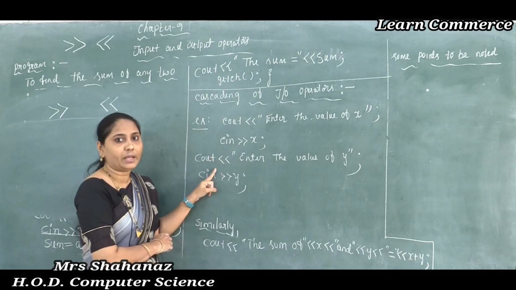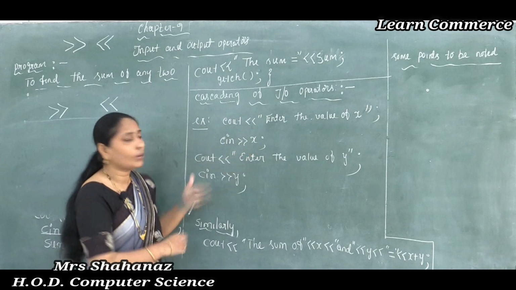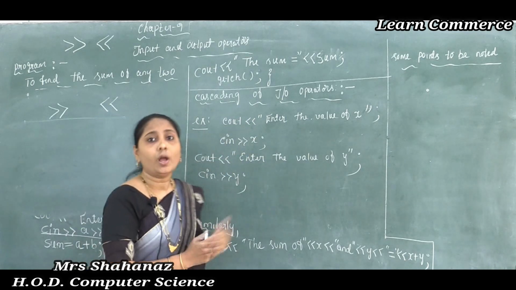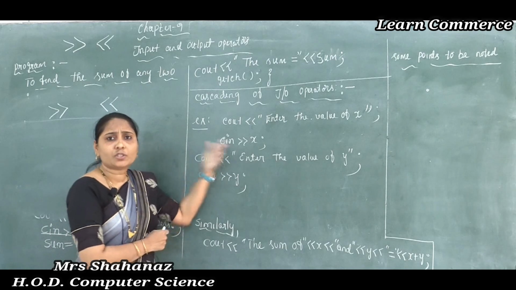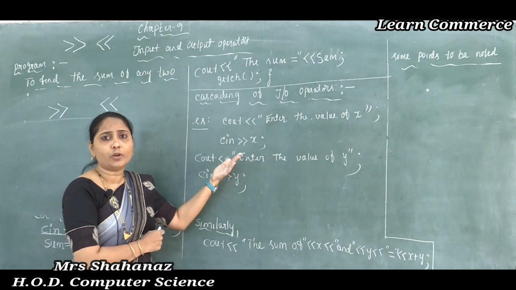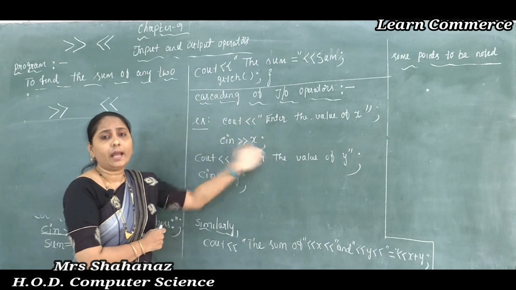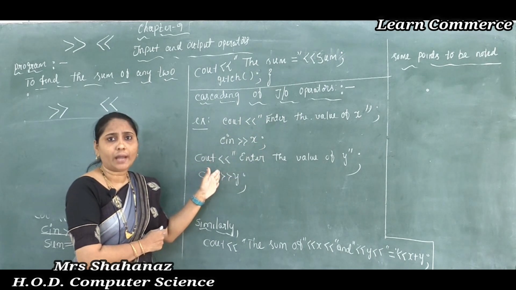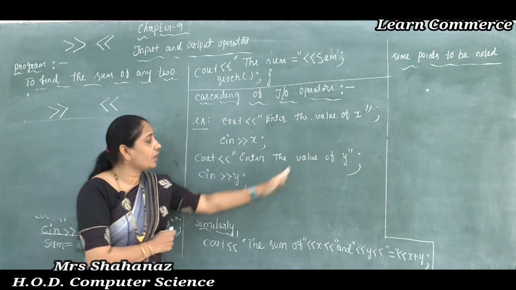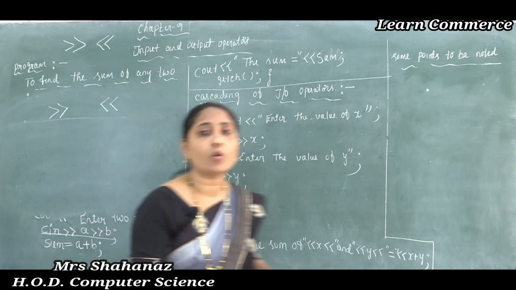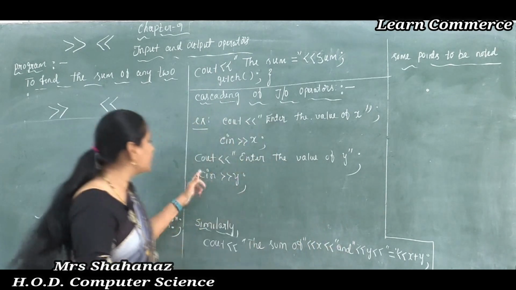Also here two variables are there, so separately it is a time consuming process. First you have to write enter the value of x, cin x, then again you need to write cout, then the operator, then again open the double quotation, enter the value of y, close the double quotation, semicolon, cin y here.